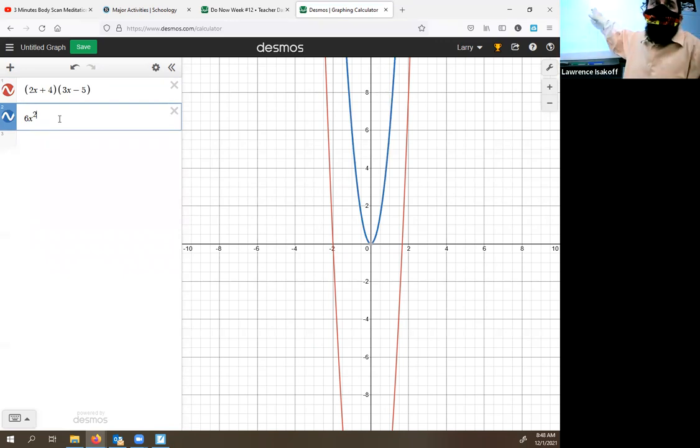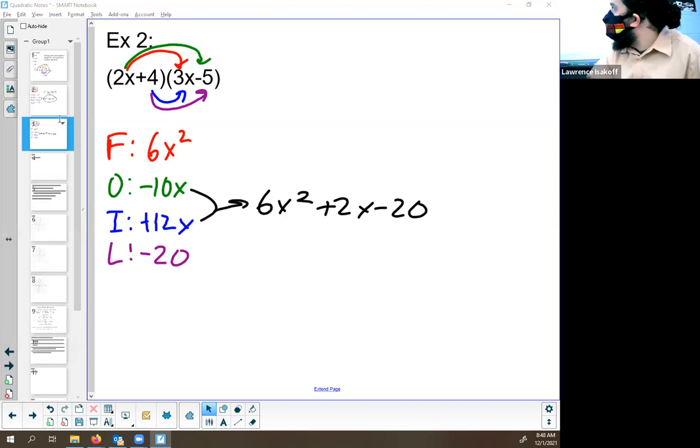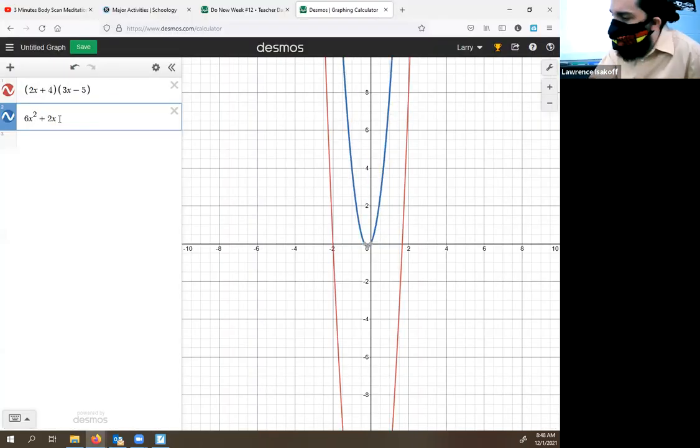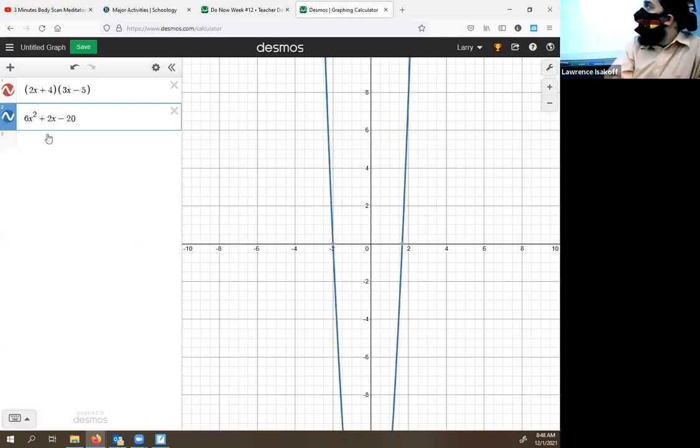Clearly, if I had just stopped there, that doesn't match up. Then we had said plus 2x. Again, not really matching up, but then minus 20. And all of a sudden, the blue and the red graph, these match up, right? So since they match up, I know that's my answer.